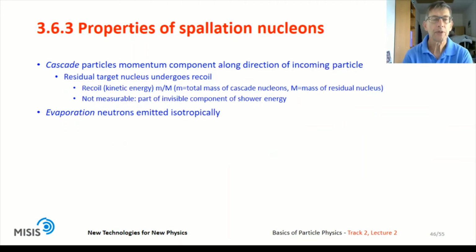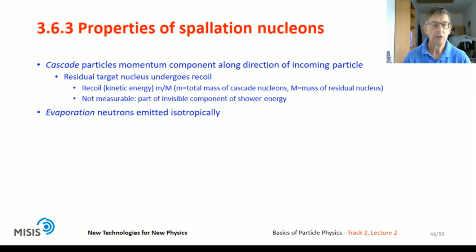Cascade particles have a momentum component along the direction of the incoming particle, and so the residual target nucleus undergoes a recoil. This amounts to about the total mass of the cascade nucleons divided by the mass of the residual nucleus. And this is not measurable, it's part of the invisible component of the shower energy.